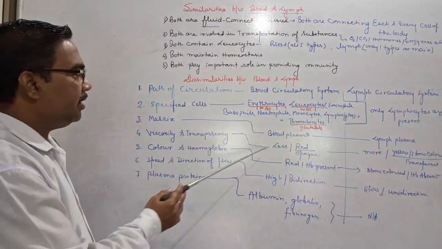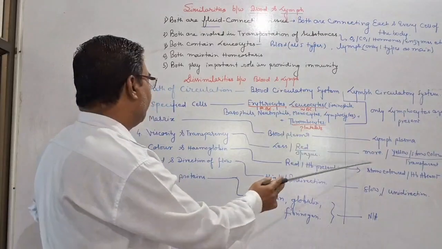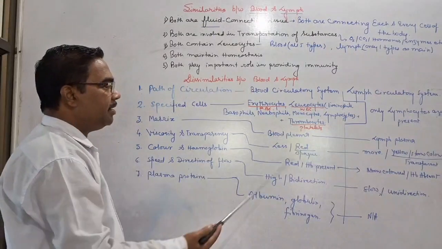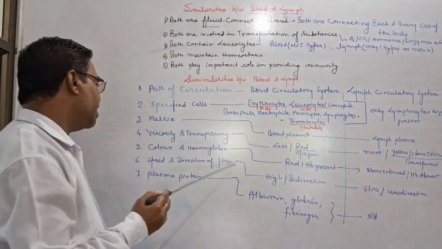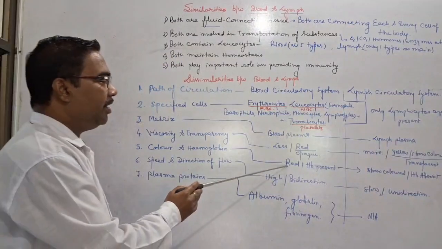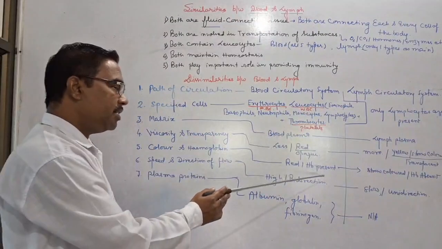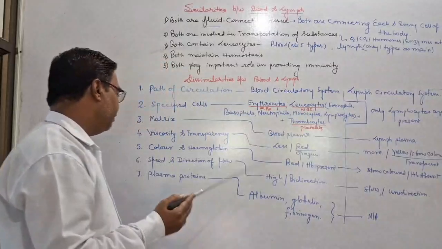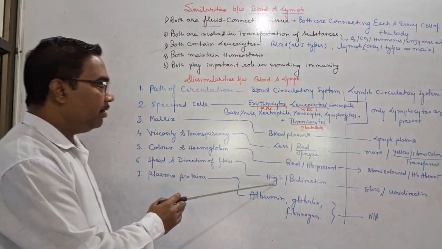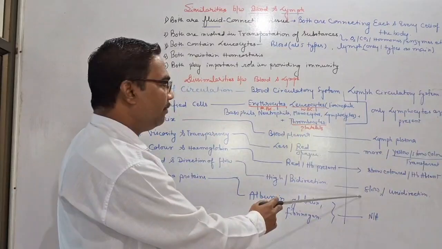Now viscosity, blood has less viscosity and lymph has more viscosity. Transparency, blood is opaque and lymph is transparent. Color, blood is red, lymph is straw colored. Hemoglobin is present in blood, hemoglobin is absent in lymph. Speed, the blood flows with higher speed than the speed of lymph.